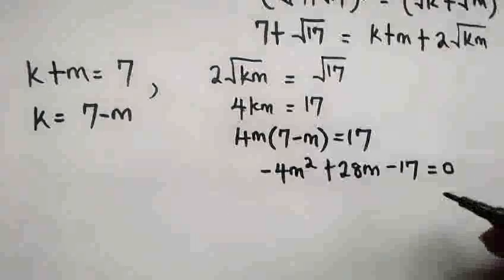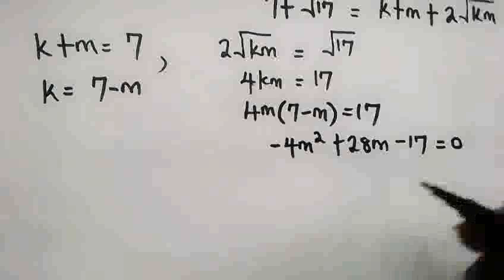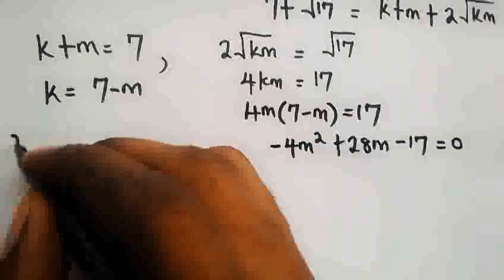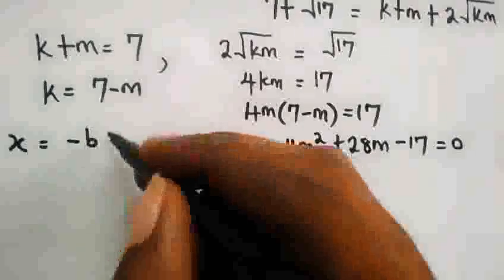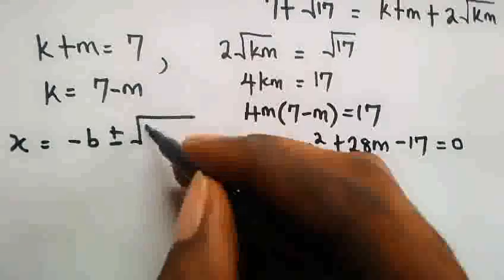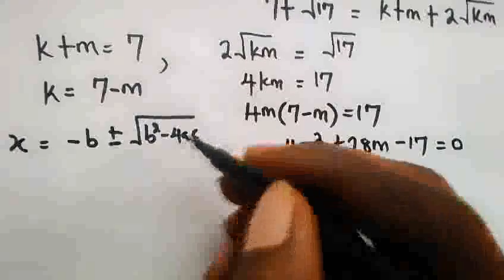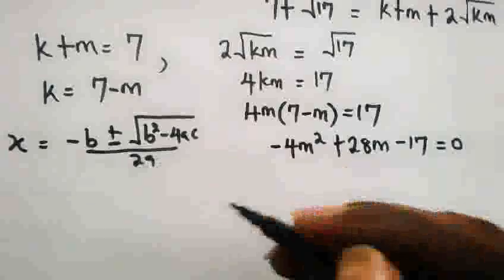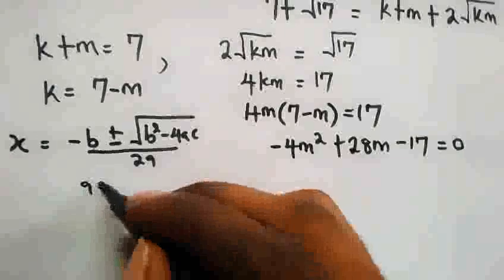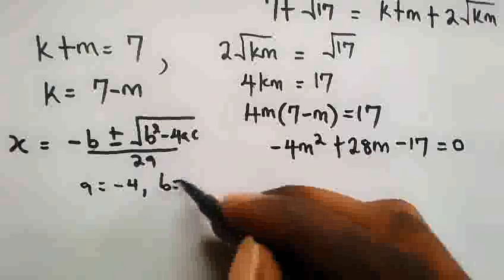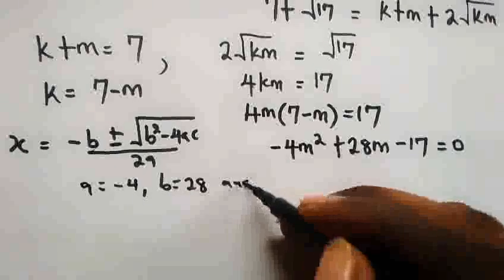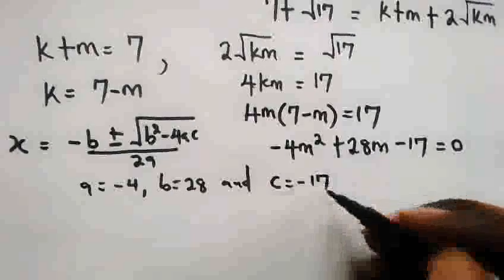Okay, now we're going to use the general quadratic formula to solve this problem. That is x is equal to negative b plus or minus square root of b squared minus 4ac all over 2a. Here we have a is equal to negative 4, b is equal to 28, and c is equal to negative 17.